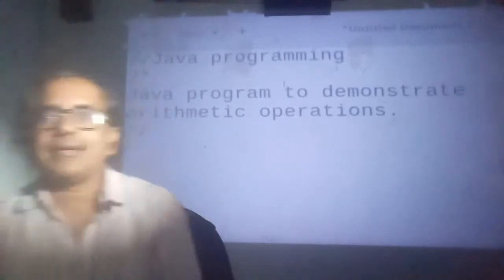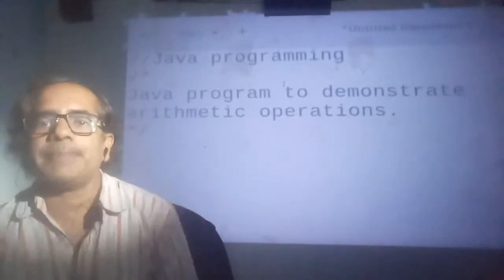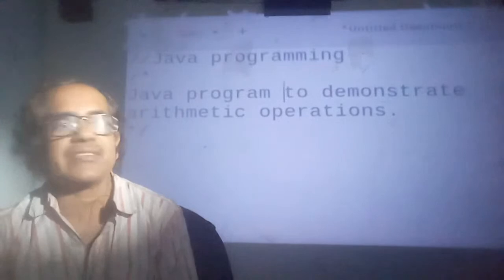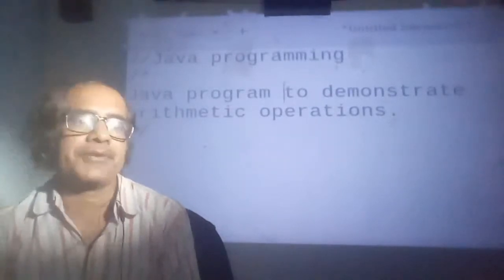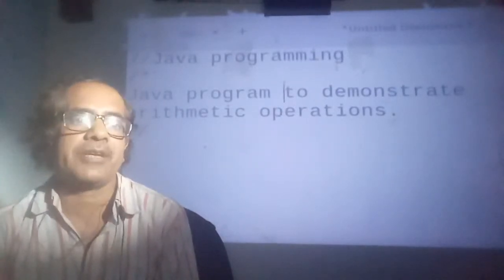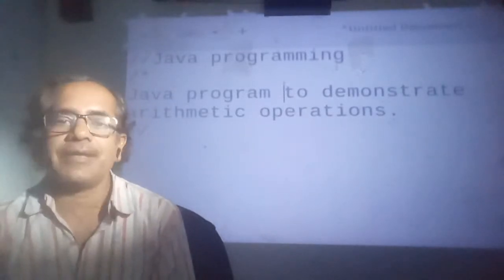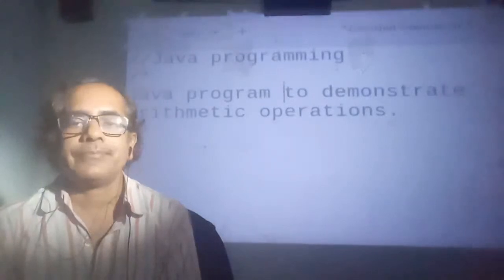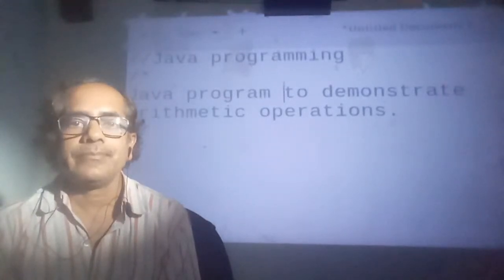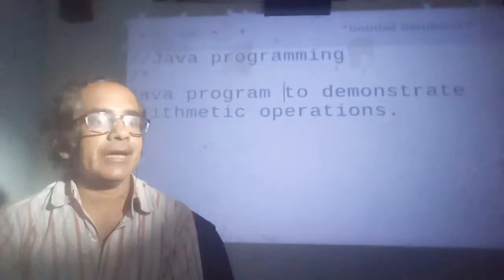The comment is started, you see slash asterisk is written and then I started writing Java program to demonstrate arithmetic operations and then finally asterisk slash is given to close it. This is what I was thinking to tell.